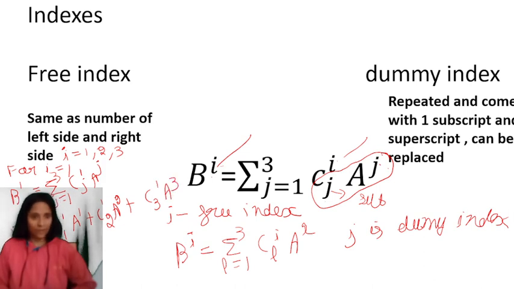So I got this one equation for i equal to 1. Same if I put i equal to 2, I get the second equation B2, and similarly I got B3. Everyone can see that with the help of these indexes I write these three equations B1, B2, B3 in terms of this.